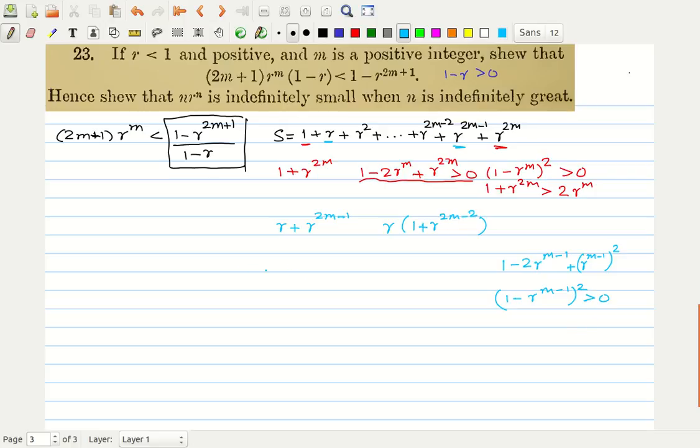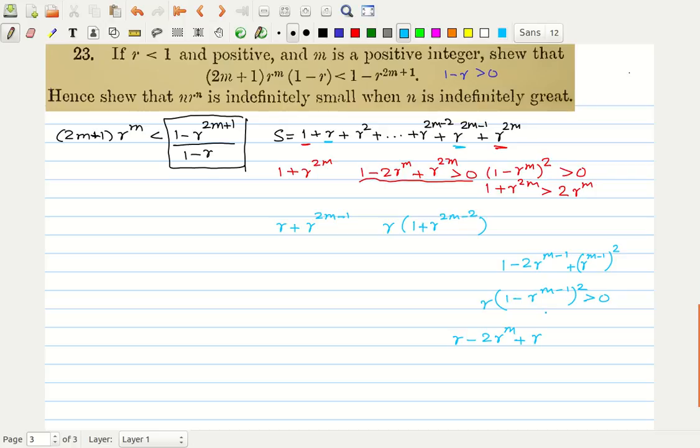So let us consider what happens if I have r times 1 minus r to the power m minus 1 square. You will see that this is equal to r minus 2r to the power m minus 1 times r, which is minus 2 times r to the power m plus r to the power 2m minus 2 times r.